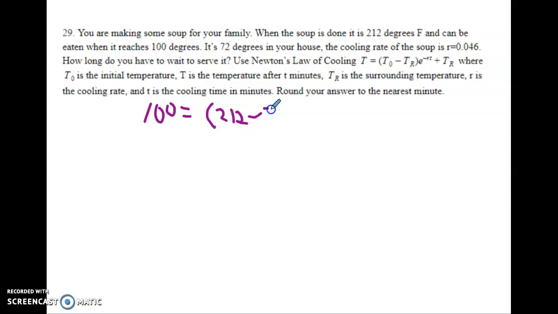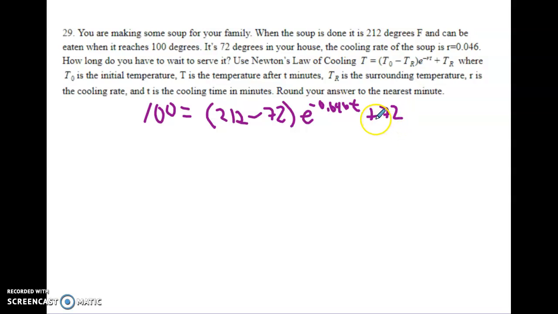We are minusing the temperature of the room, which is 72 degrees, and this is multiplied by e to the negative r t, where r is 0.046, and t, our time, is our unknown. And then we have to add in the temperature of the room.